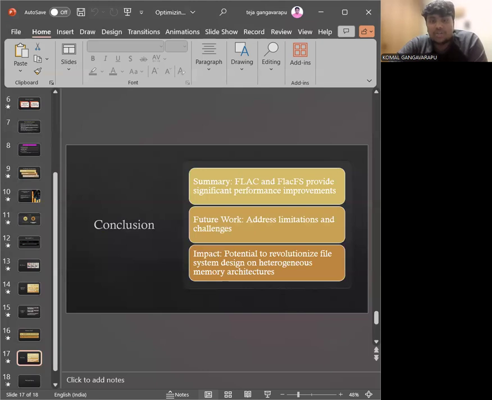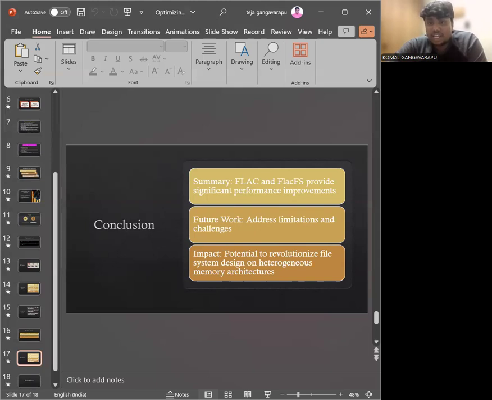Conclusions. In concluding, the presentation highlights the significant achievements of FlatCache and its application in the FLAC file system, showcasing its transformative impact on file system performance within heterogeneous memory architectures.